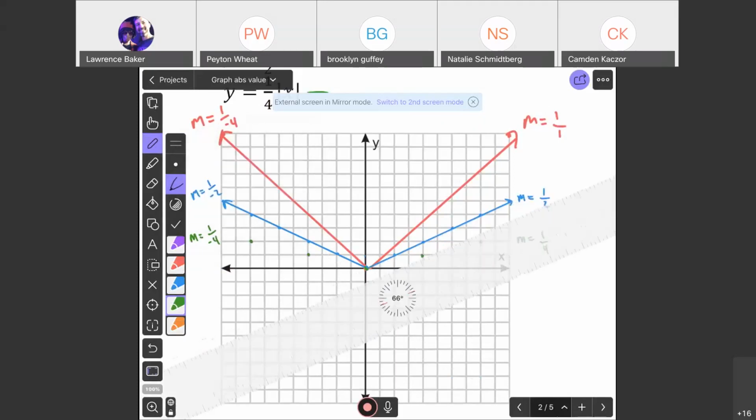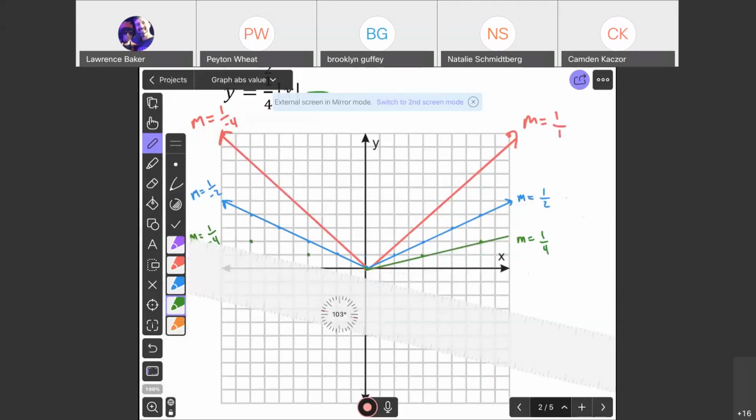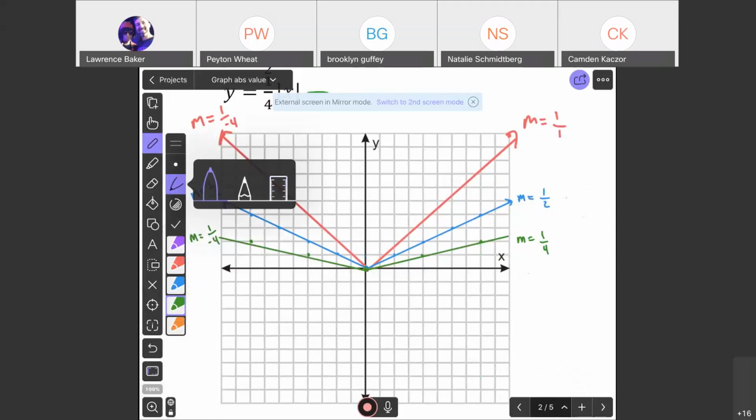You can see that by decreasing that slope, it makes the V look wider. It makes the V much flatter. So it looks wider. So we're compressing the y values. It's called a vertical compression.